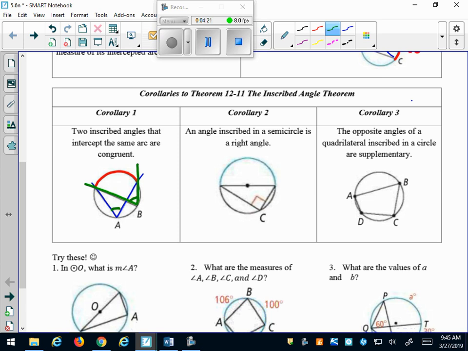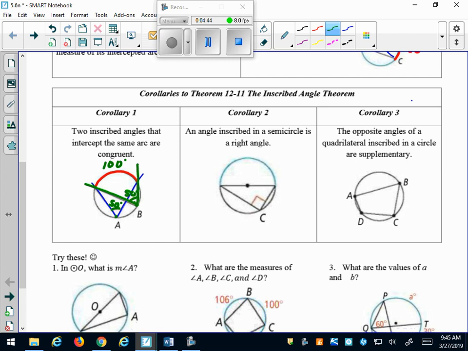Because whatever that arc is, if that arc is 100 degrees, how many degrees is this angle? 50 degrees. And how many degrees is this angle? 50 degrees. Right? So if it's the same arc that's intercepted, then it's going to be the same degree measure. So they're congruent.